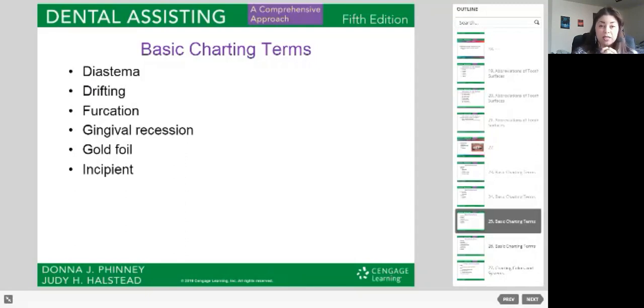So let's say your upper right canine, okay, let's say you have to have that extracted, but you don't put anything in its space to hold it, the tooth next to it will start to drift into its spot, okay. So that means it'll start, let's use a better example, okay.